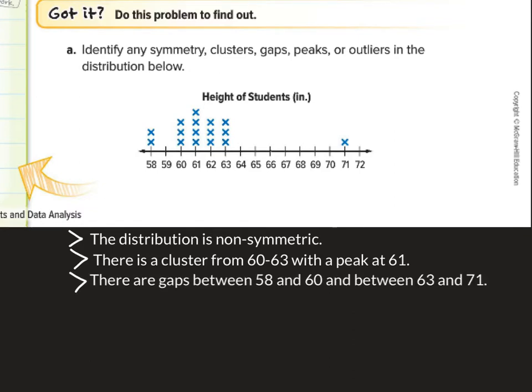There are gaps between 58 and 60, as you can see here, and between 63 and 71. And for my last observation, I noticed there is an outlier at 71. So again, make sure that you are able to replicate this sort of analysis in your own answers.